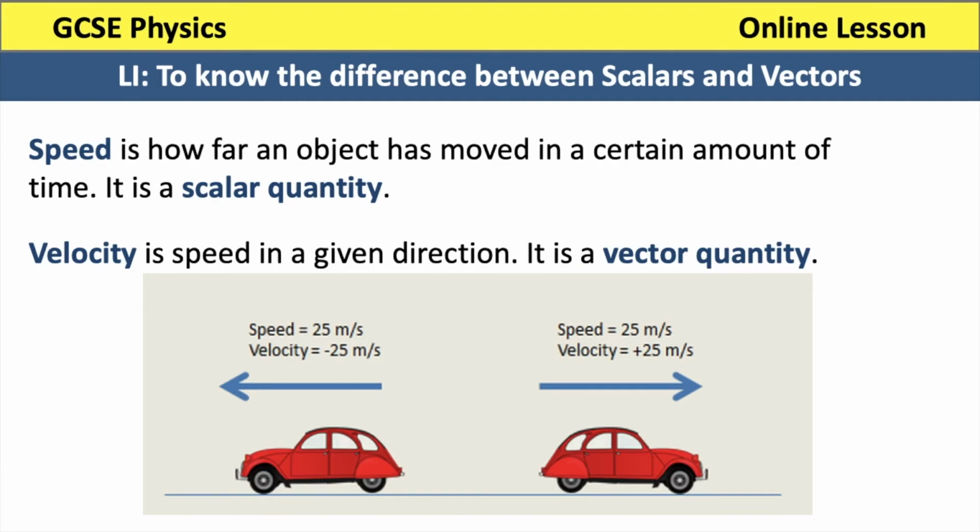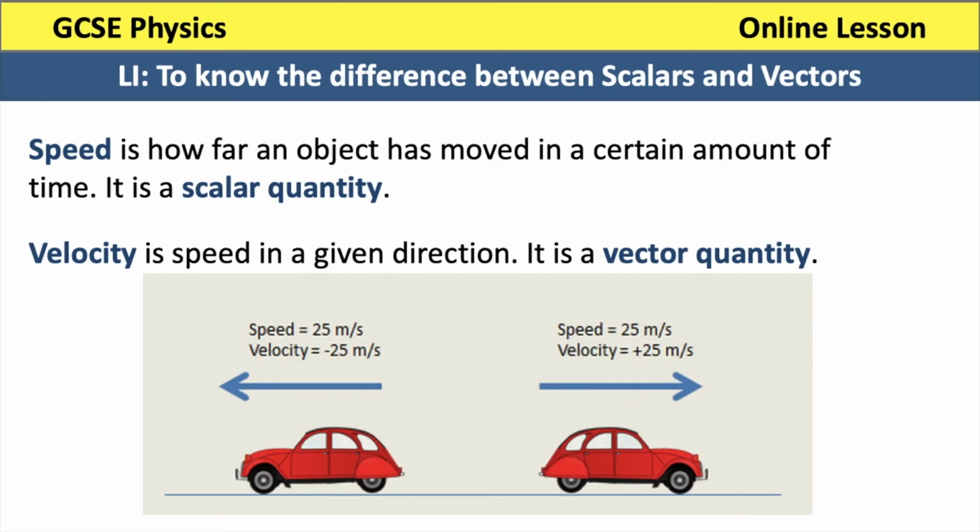Now, if we look at the picture on the board, we can see there are two cars, and both of these cars have the same speed. They're both moving at 25 metres per second. However, the car on the left is moving to the left, and the car on the right is moving to the right, so they are travelling in opposite directions.